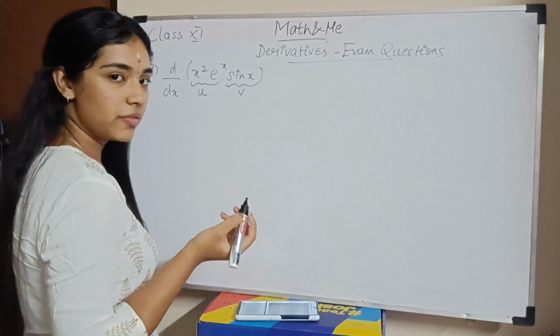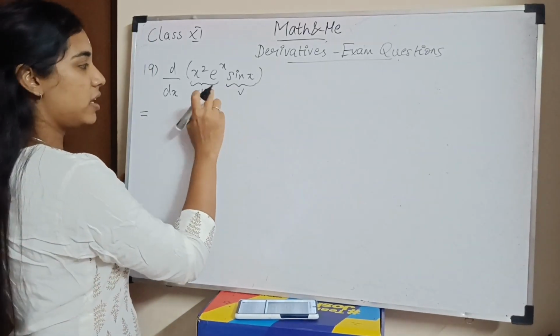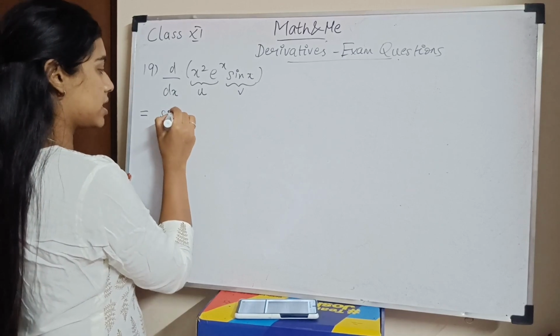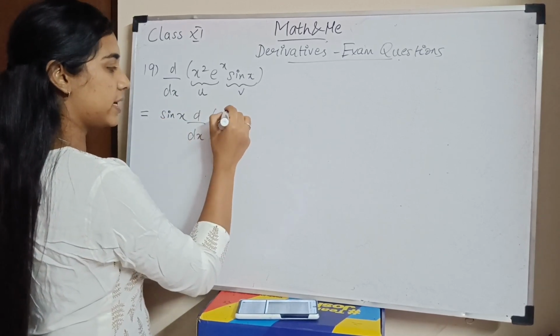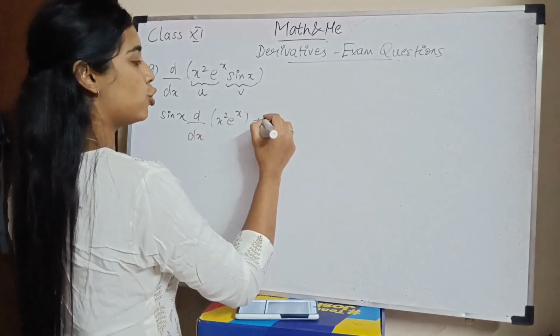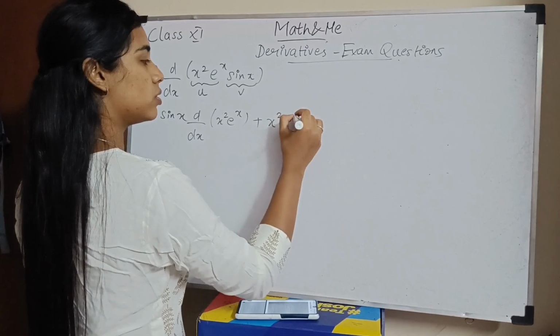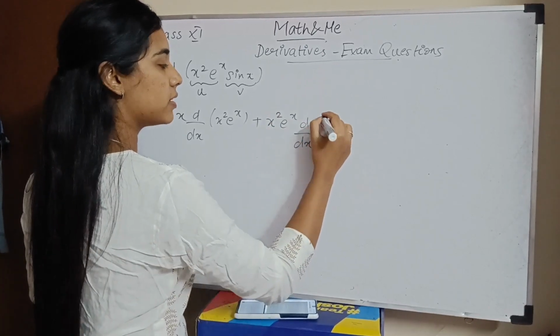So same way, v u dash plus u v dash. Let's see what happens. So you have v u dash, sin x d by dx of x square e to the x, plus u v dash, which is d by dx of sin x.